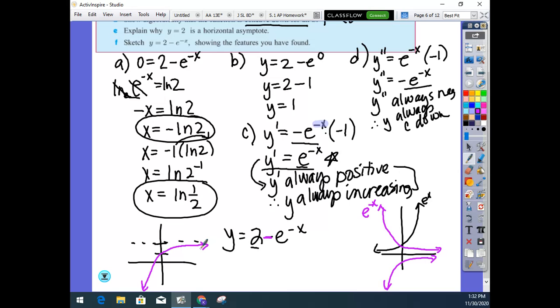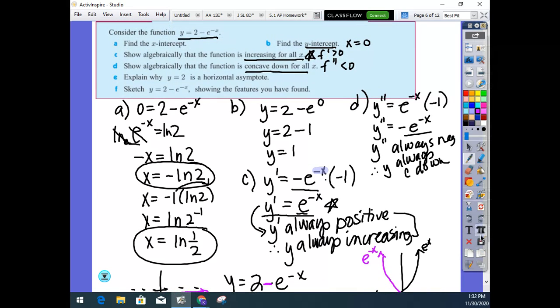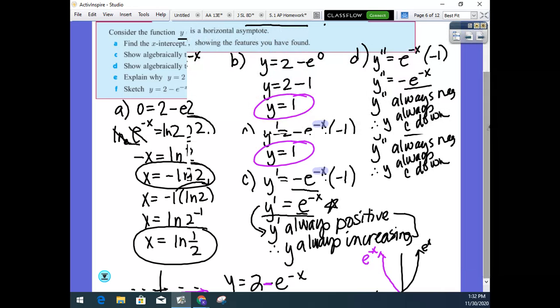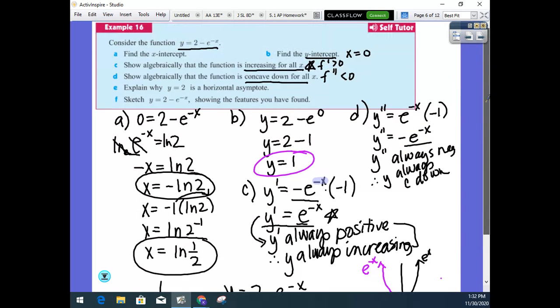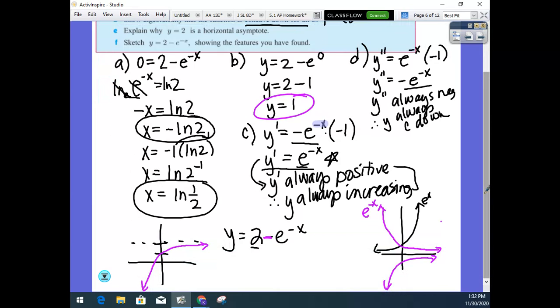Now, if we look back up here, we had our y-intercept at 1 and our x-intercept at negative ln 2. So here's our y-intercept at 1, our x-intercept at negative ln 2, and here's our graph.